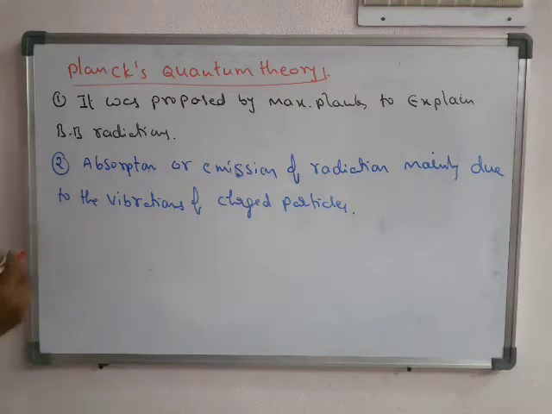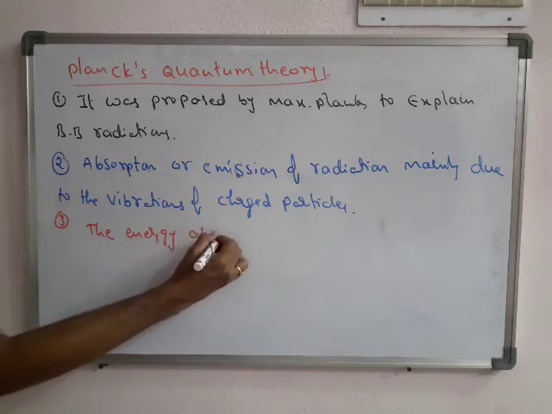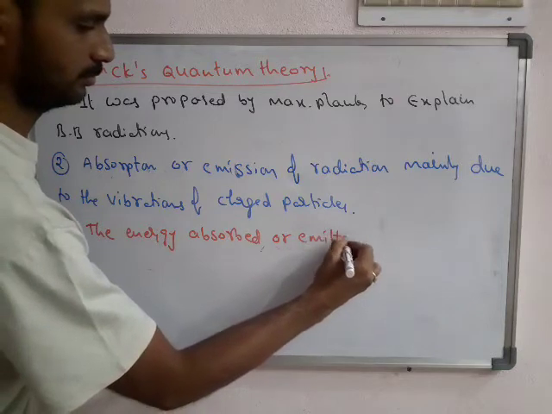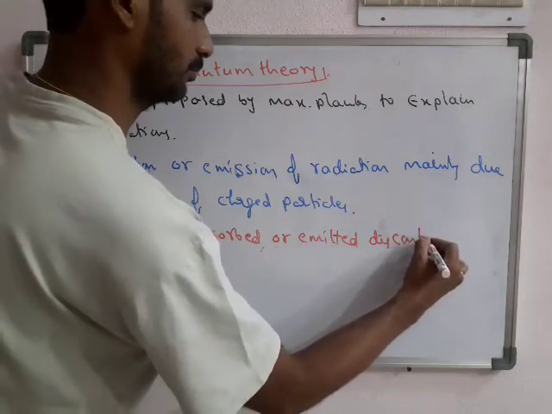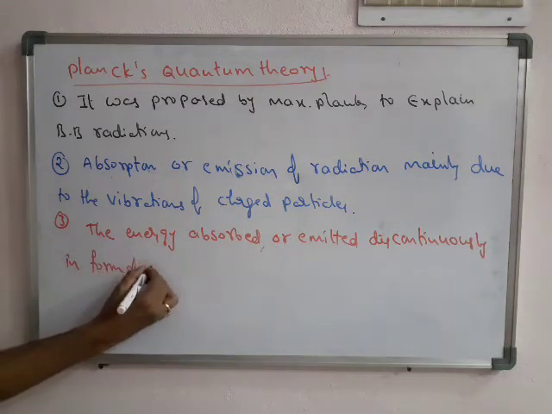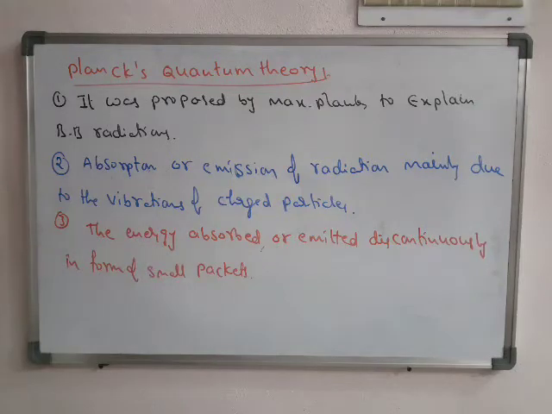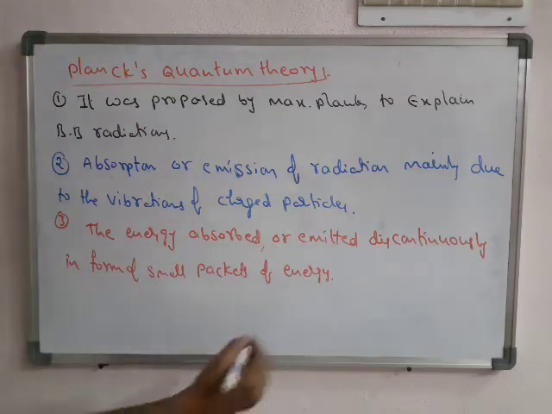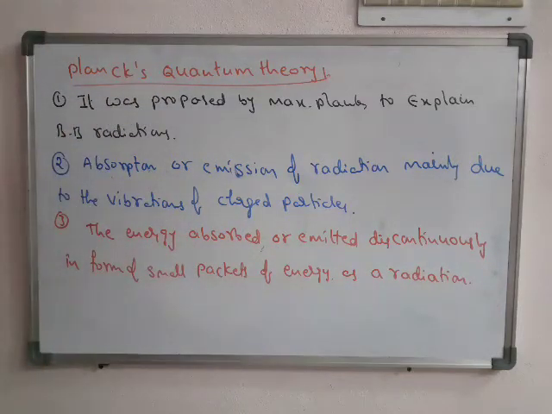Already we discussed all these points. Next, the energy is absorbed or emitted by an object discontinuously, in the form of small packets of energy as radiation.